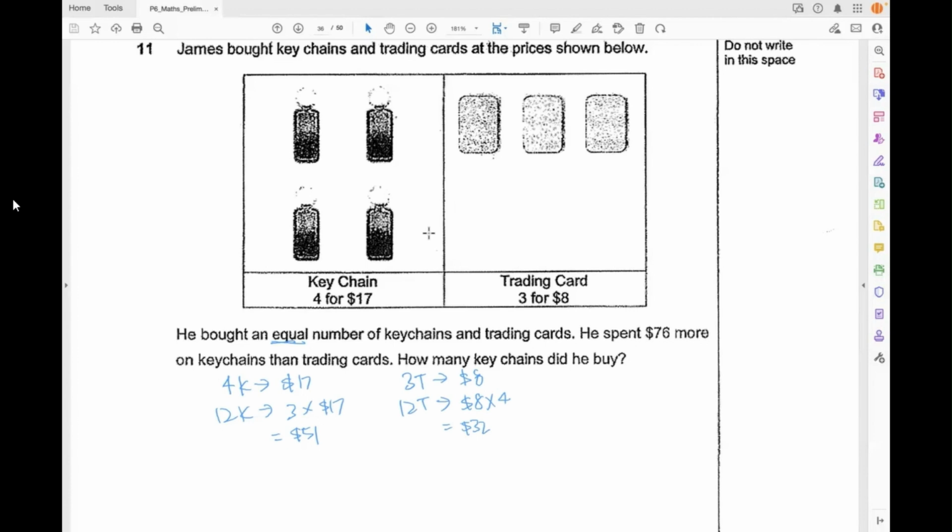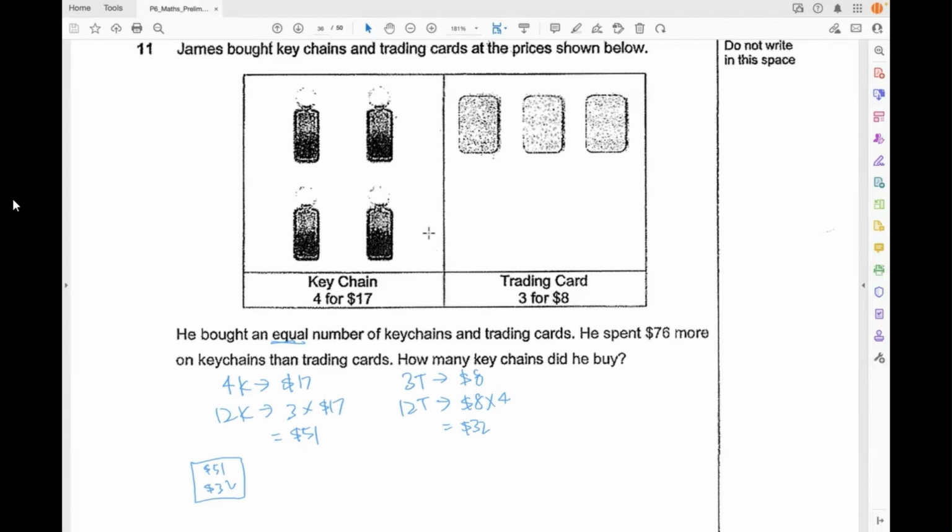Now, so this is the minimum he has to buy. One group, which is 51. Minimum is one group. He's going to buy in groups like this. Every group costing how much? 51 plus 32, right?